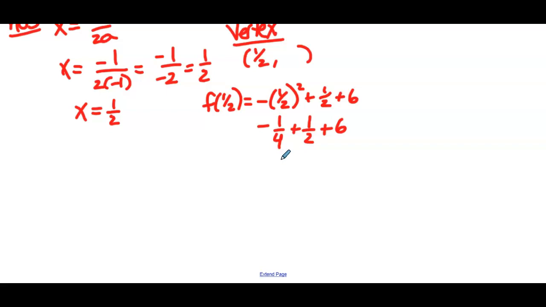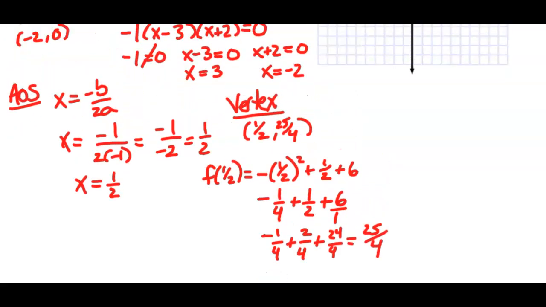Common denominator will be really useful here. So that's going to be negative 1/4. Multiply 1/2 by 2 over 2, so that's 2 over 4. And multiply 6 over 1 by 4 over 4, so that's 24 over 4. So that's going to be 25 over 4 as the y value of the vertex.